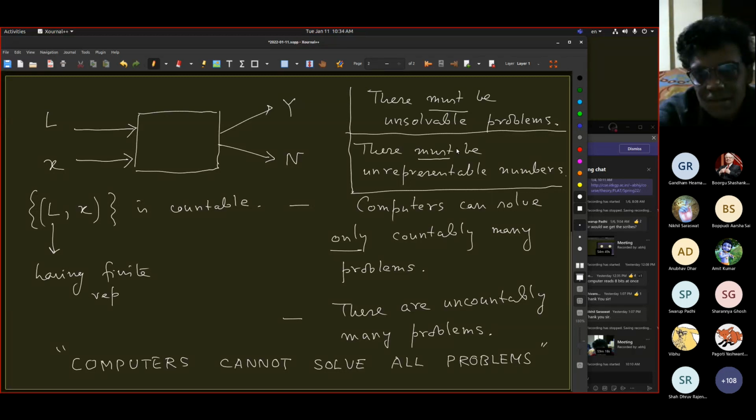So it means even if we keep on introducing new symbols, we'll only be able to introduce countably many symbols. Exactly. But still uncountably many numbers won't be represented. Exactly. That is precisely the thing. We can introduce even a countably infinite number of symbols, still we are addressing only countably many numbers using those countably infinite symbols.